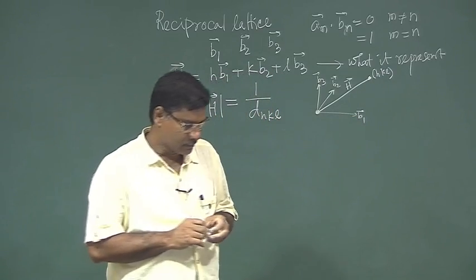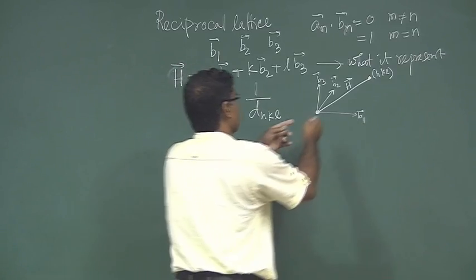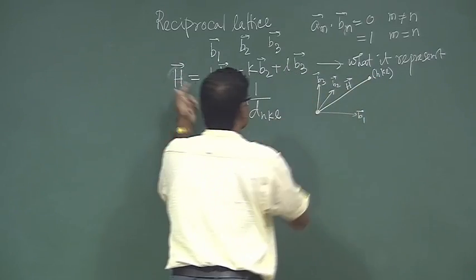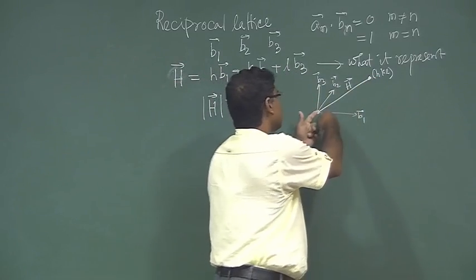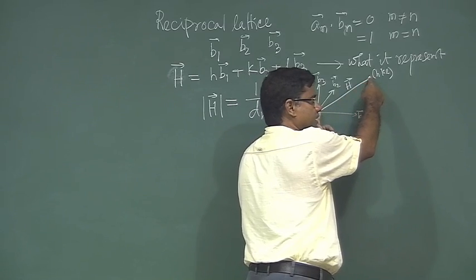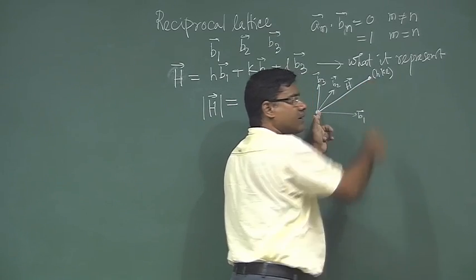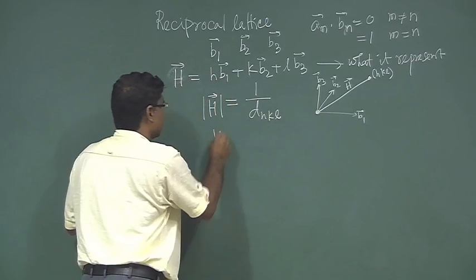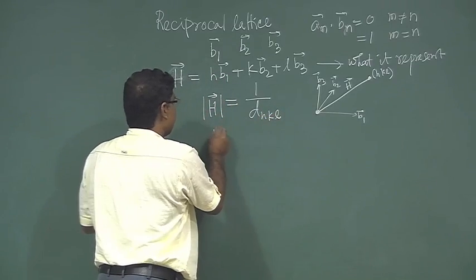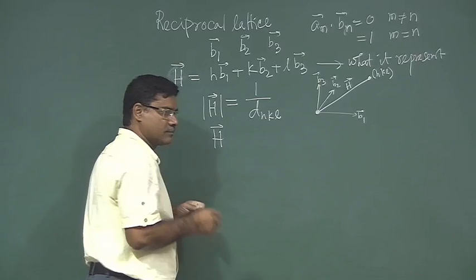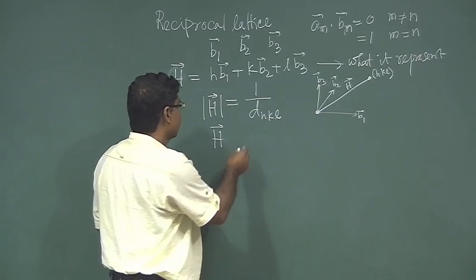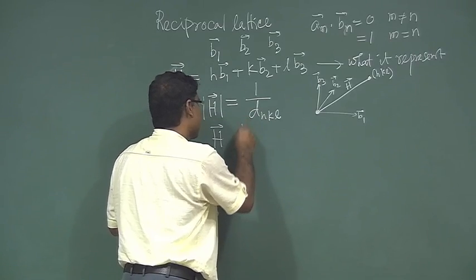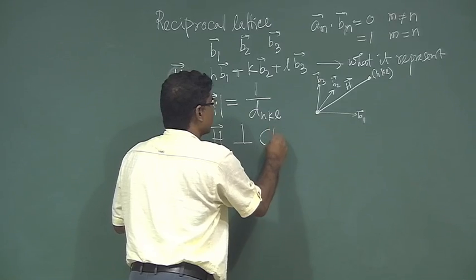and this is the direction of this one; it is basically perpendicular to the HKL plane. So, the H magnitude is this and its direction will be perpendicular to the HKL plane.